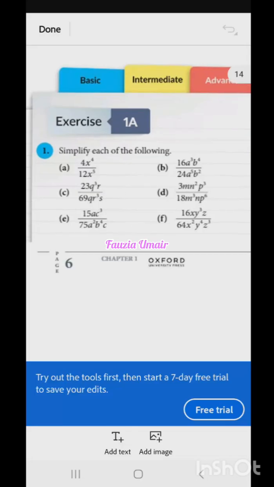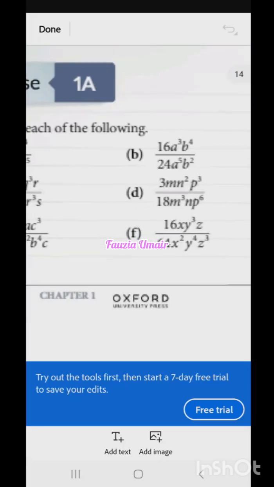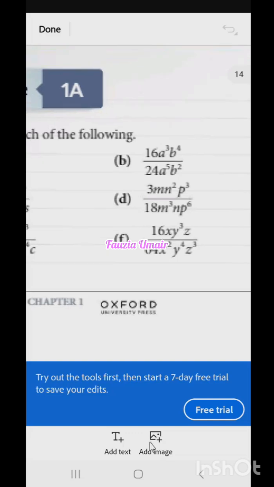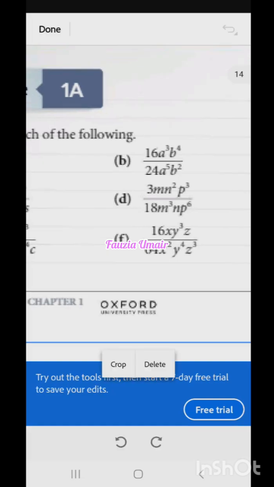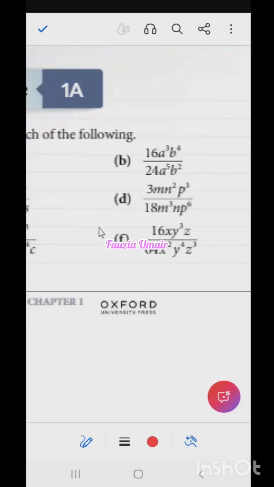So for example, we can do this one question. Anyone, let's say the last part, F part. Because they are monomials and factorization is not required, we will just use the laws of indices and we can solve it, right?